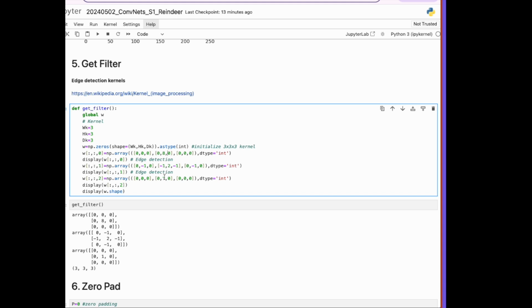You can have fun investigating, testing different sizes. If you put here, this is the size of a kernel, 3 times 3 times 3, so you go 3 times 3 and then on the 3 layers.